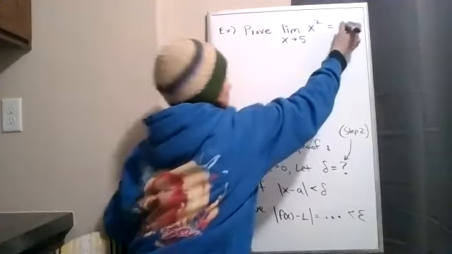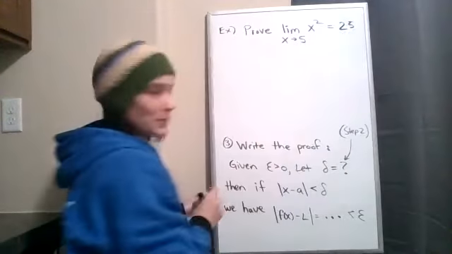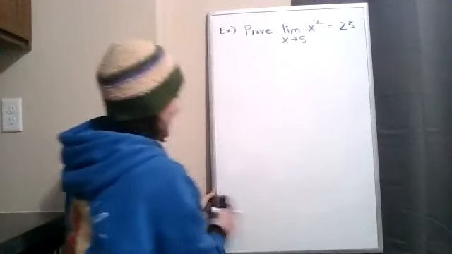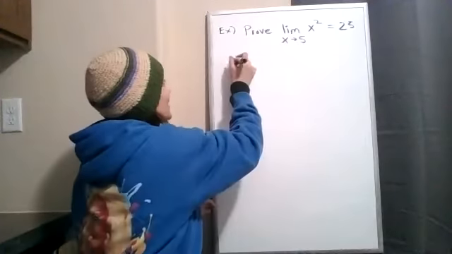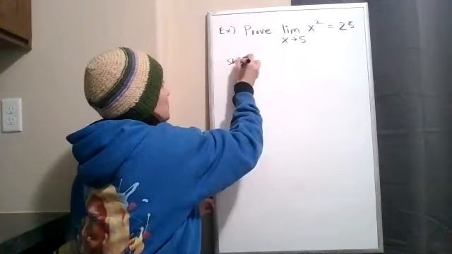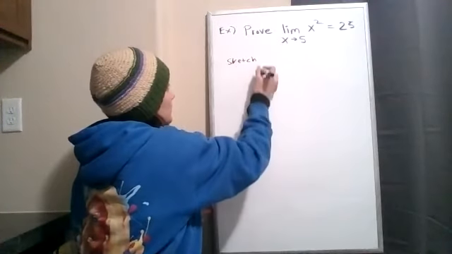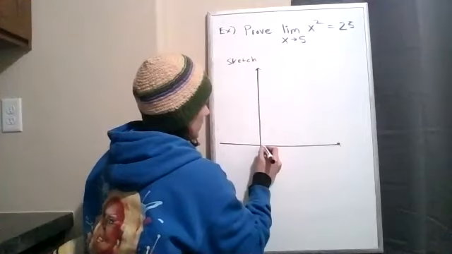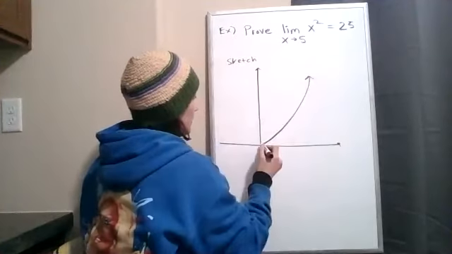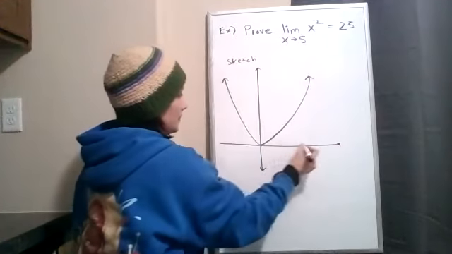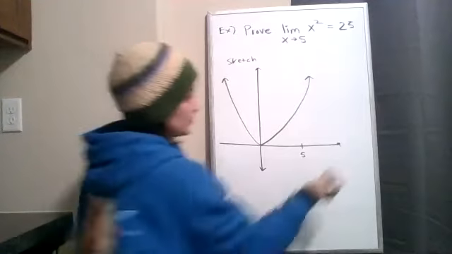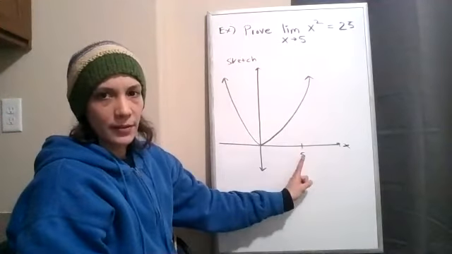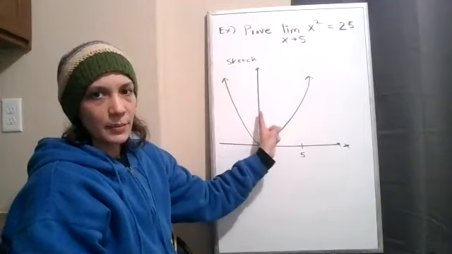Yes. Cool. So we're sketching the graph. Okay, so we're approaching 5, and we've got a limit of 25.